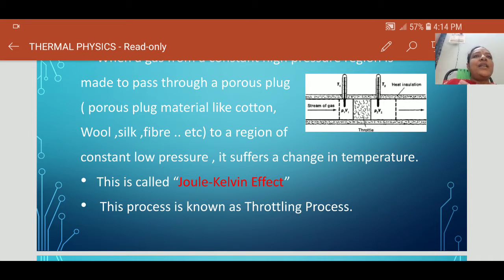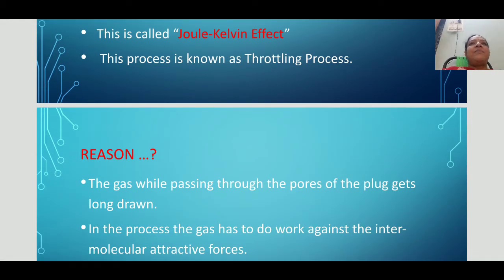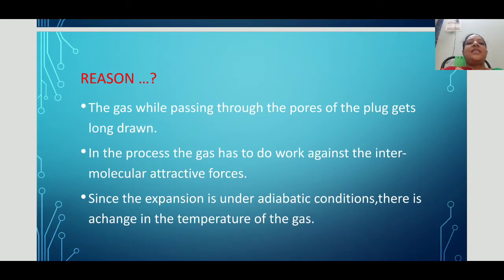To do that work, it takes its own internal energy, so its internal energy decreases, and so its temperature changes. This is the main concept. Due to the work done by the gas against the intermolecular forces of attraction, the change in temperature arises. So this is the reason.